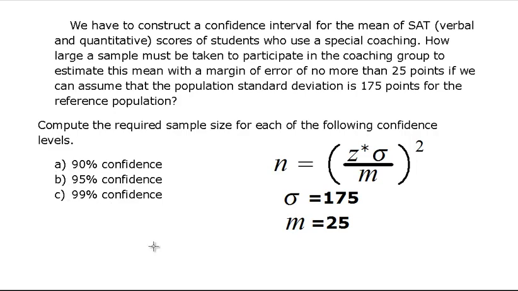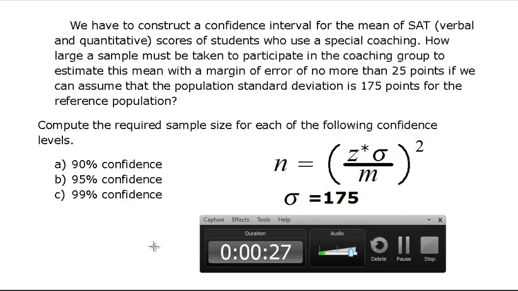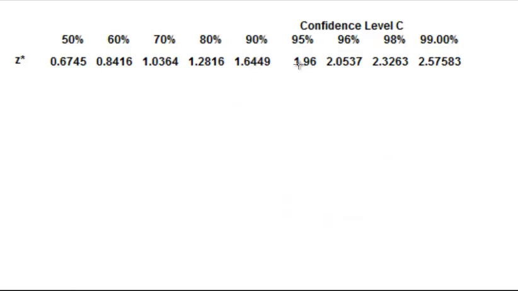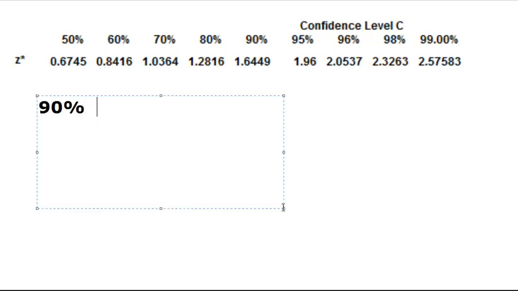So let's write the values of z star for these three confidence levels here. You can obtain from this table that for the 90% level, z star is 1.645, and for 95%, it's 1.96.